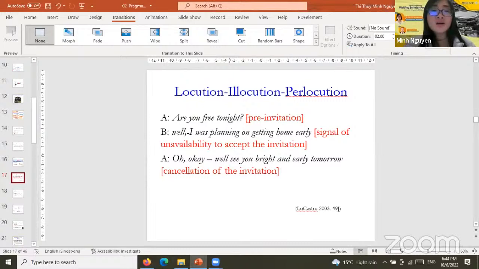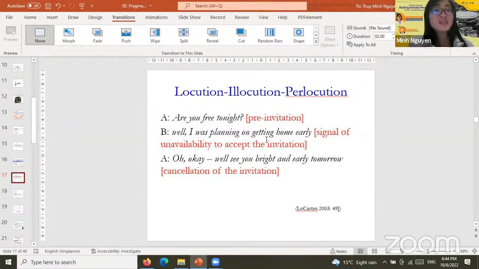And when B says, well, I was planning on getting home early, B is talking about his own plan. That is the locution. But the illocution is, I signal to you that I am not available to accept your invitation.